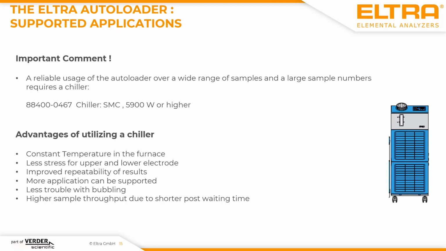And this does mean a constant temperature in the furnace, and this does mean that we can assure that every application works, because the chiller can guarantee that the temperature at the furnace is always constant. This reduces also cooling time and post-waiting time. And depending on your sample and depending on your application and depending on your throughput, the chiller is highly recommended to assure a reliable work over a long time.